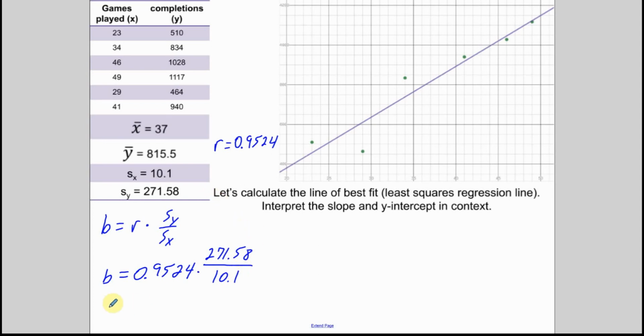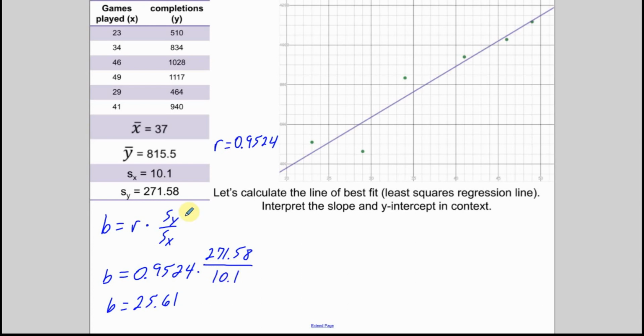All right, and that equals roughly 25.61. Now remember, that was the change in y, standard deviation of y, over standard deviation of x.